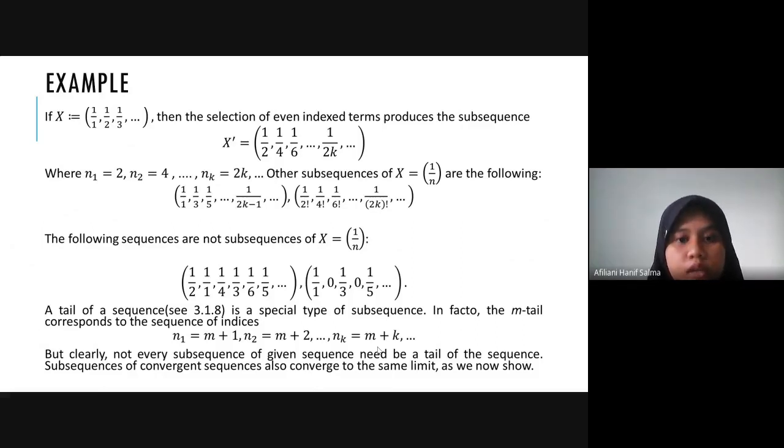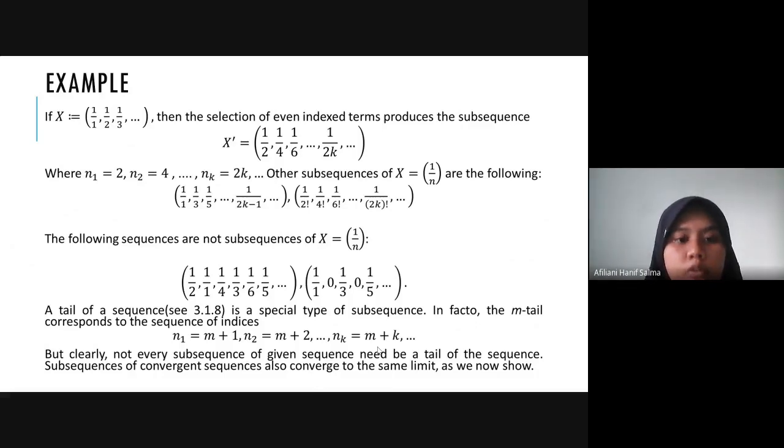Other subsequences of X = (1/n) are the following: (1/1, 1/3, 1/5, ..., 1/(2k-1), ...) and (1/2', 1/4', 1/6', ..., 1/2k', ...).